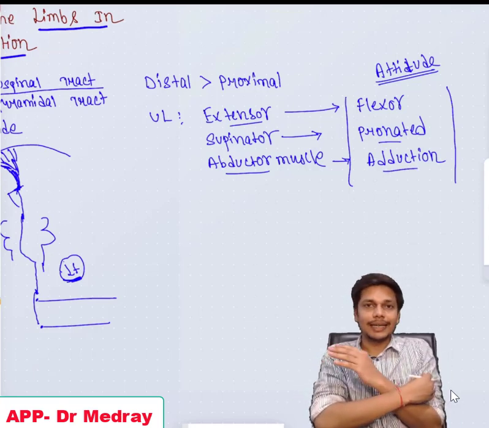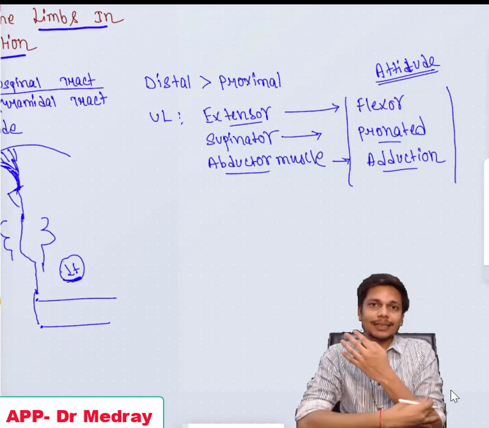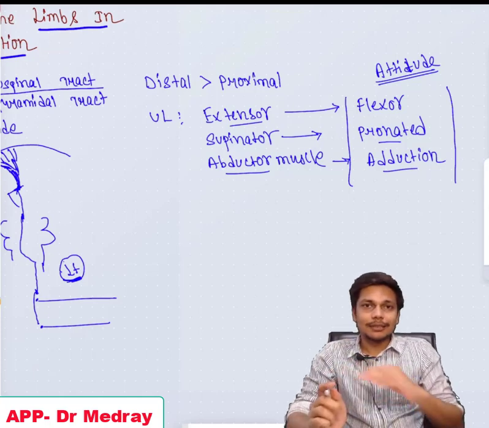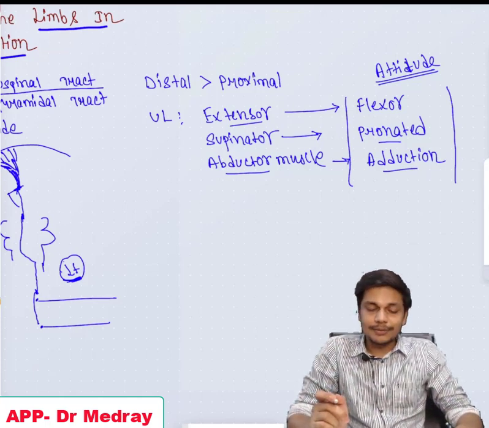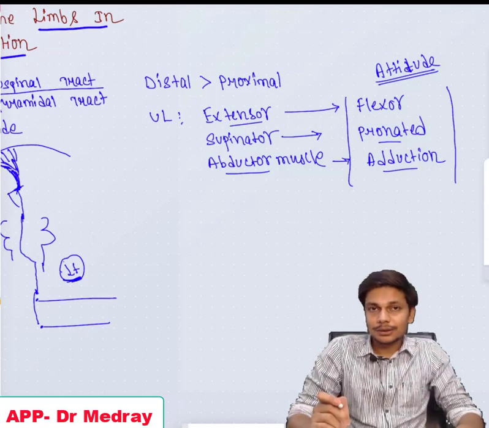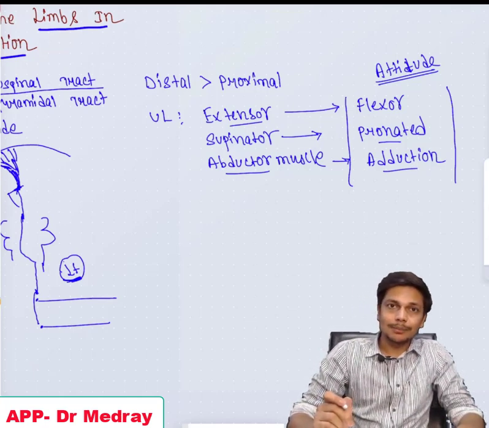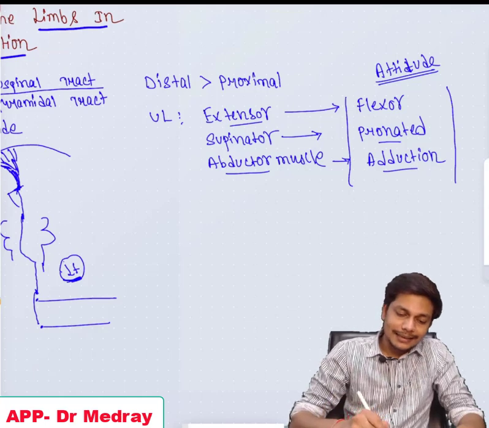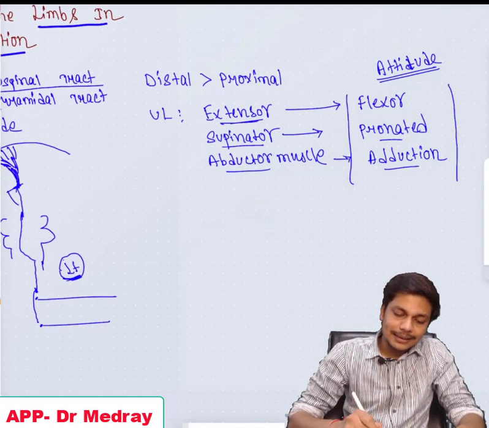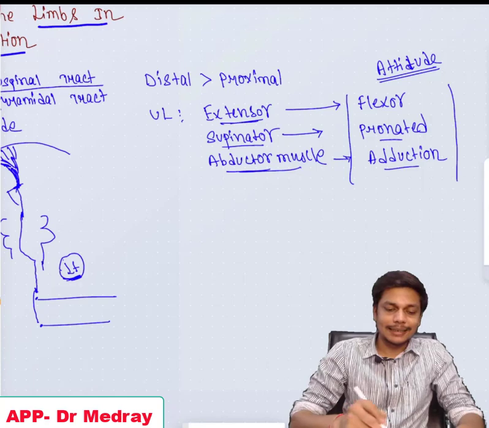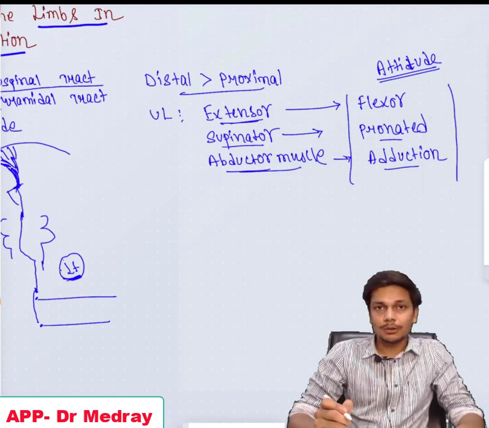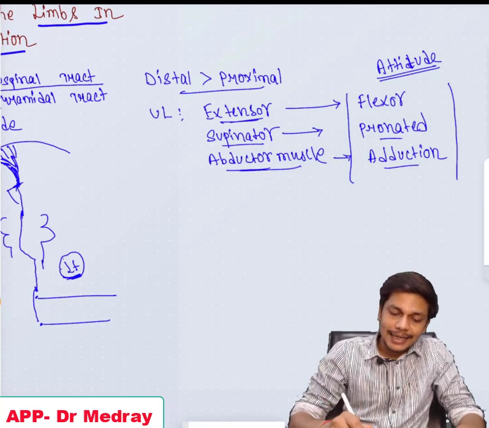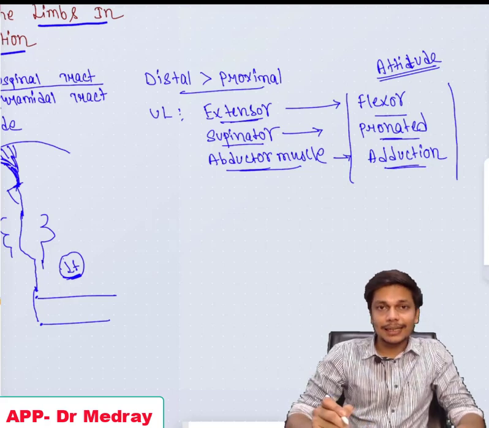So this will be the position. And why will this be the attitude of the patient? Because the corticospinal tract involves more the extensor muscles, the supinator muscles and the abductor muscles, and distal more than proximal. So the attitude of the limb will be flexed, pronated and adducted.